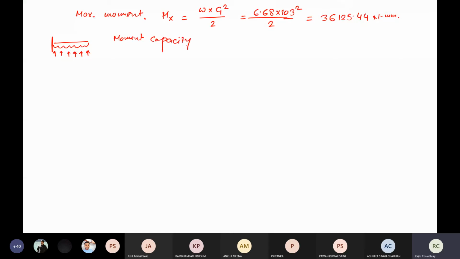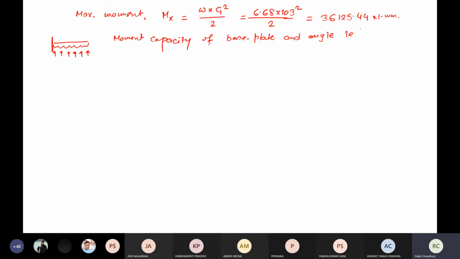Moment capacity of base plate and angle leg, or the unconnected leg, I would not say the unconnected leg, your horizontal leg.